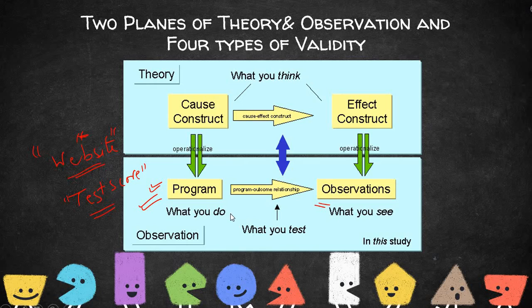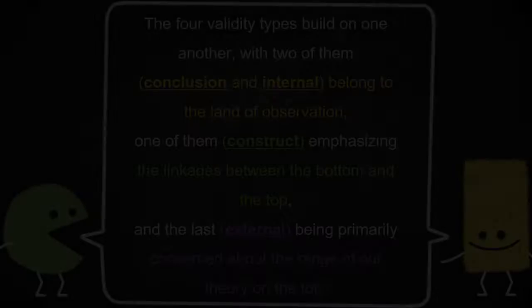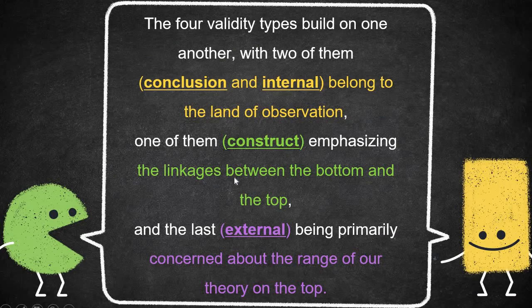So there has to be some kind of connection between them, right? And that is why we call it internal validity. Then we move to the third part, which is construct validity, which is the linkage between the bottom and the top.